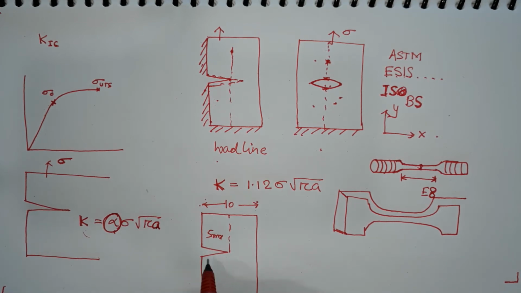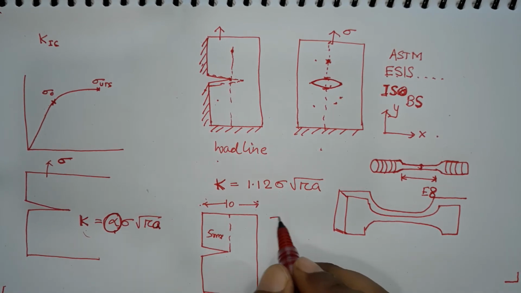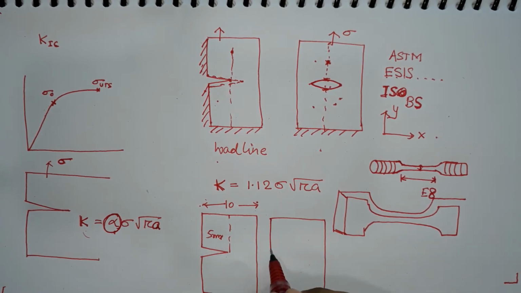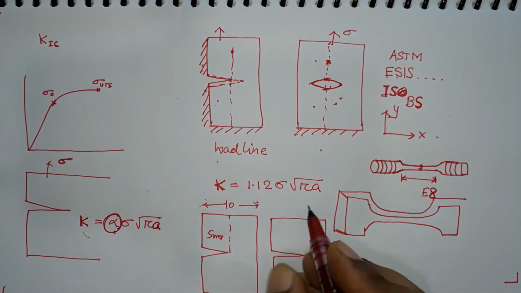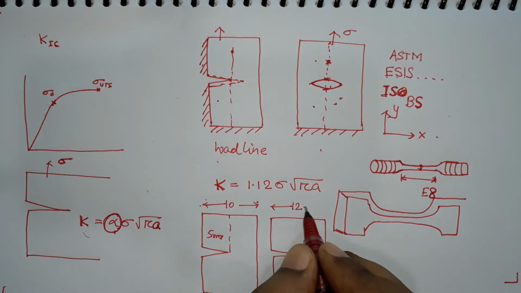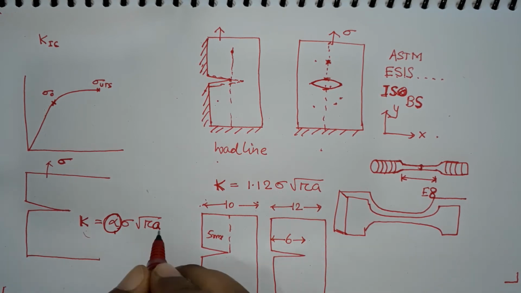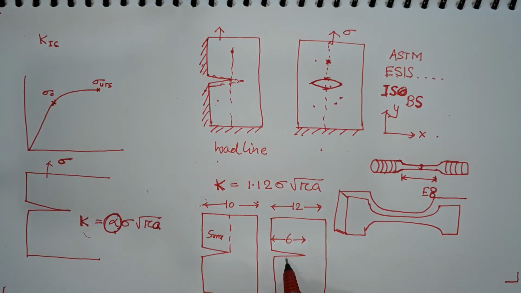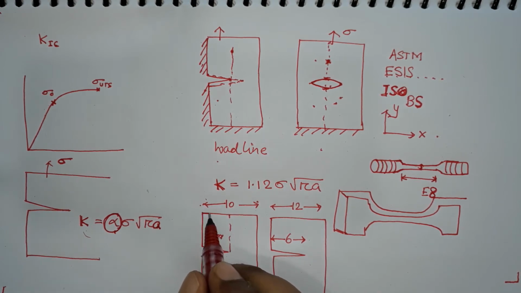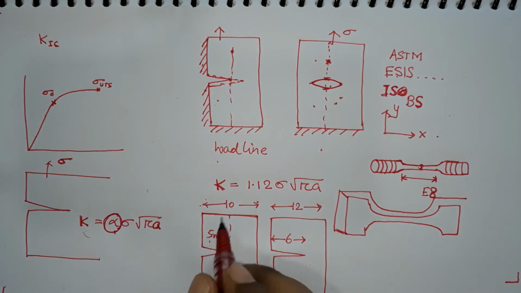In this case, the crack length is 6 mm, so let me make that part also. In this case this distance is 12 mm and the crack length is 6 mm. Okay. So, a has changed, but for the stress intensity, more than the absolute value of crack length, it depends on a geometrical factor, which is the ratio of the total width of the specimen and how deep the crack is. Okay. So, in this case it is 5 by 10, which is 0.5, and in this case also it is 0.5.